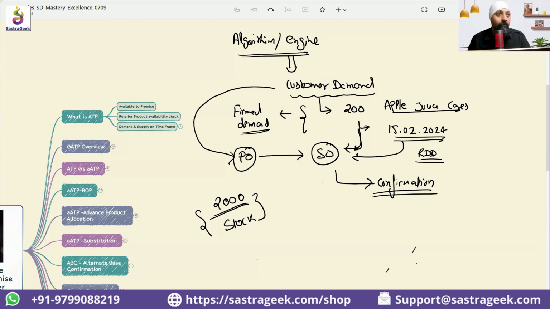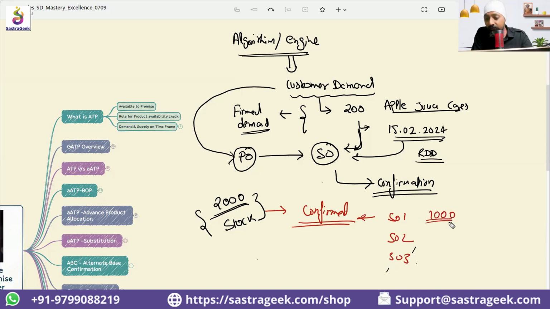What kind of constraints can be there? We have a stock, but this stock we have already confirmed for another. We already have 3 sales orders. Sales order 1, we have already confirmed 1000 stock. Sales order 2, we have already confirmed 500 stock. And sales order 3, we have already confirmed 450.